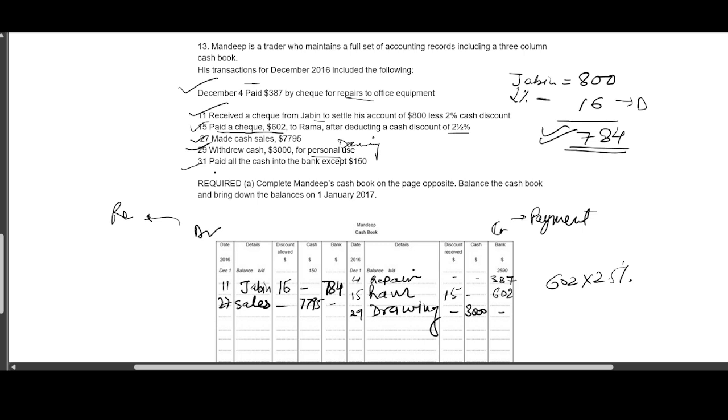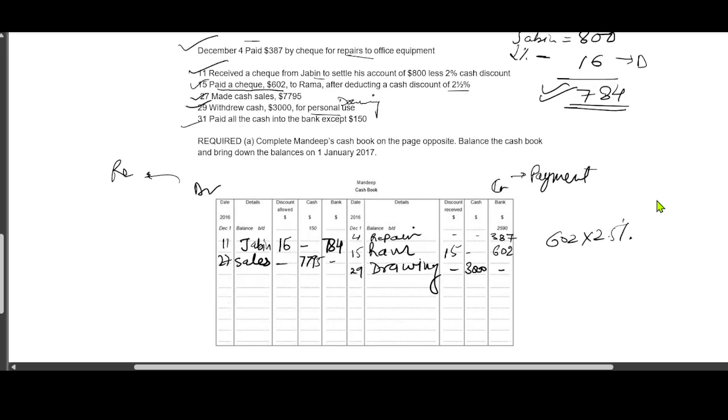Next is paid all cash into the bank, means whatever the cash at the end of the month you have to pay it in your bank. Okay, so just you need to find out the difference between the cash debit side of the cash bank columns. Okay, so let's start with the discount. You know that in discount no need to find out the difference, just whatever the total, you have to mention the total on the both side, exactly whatever you got.